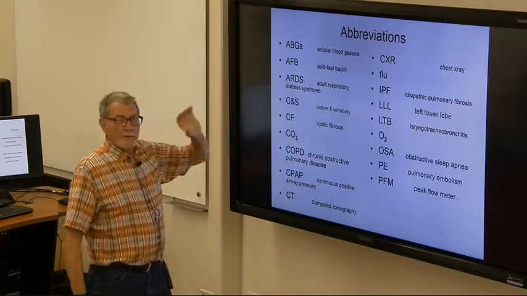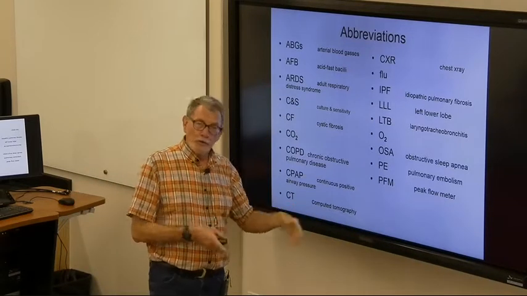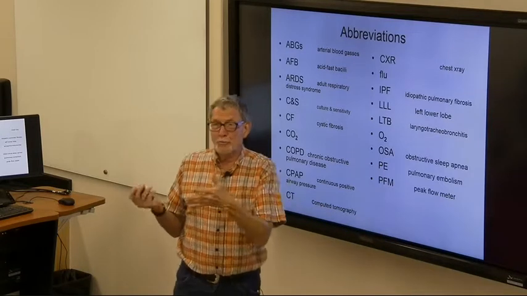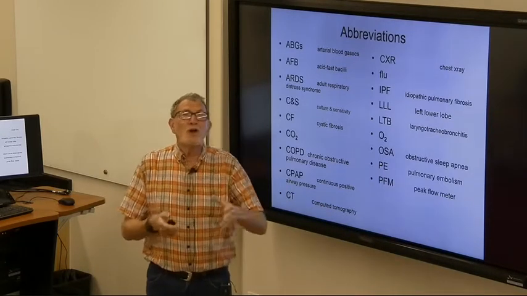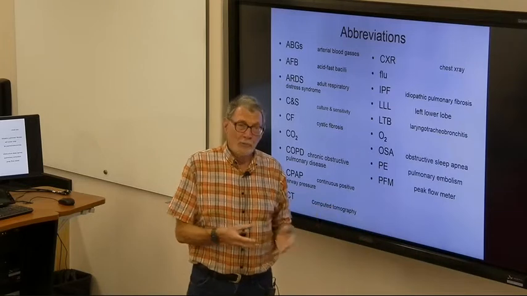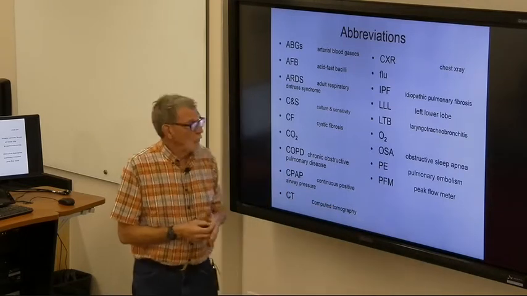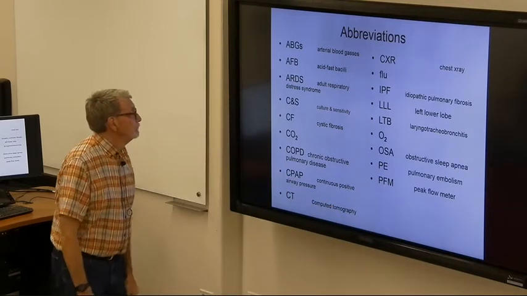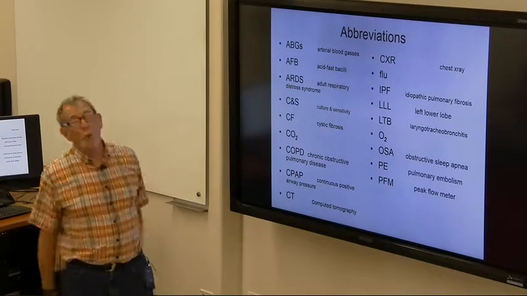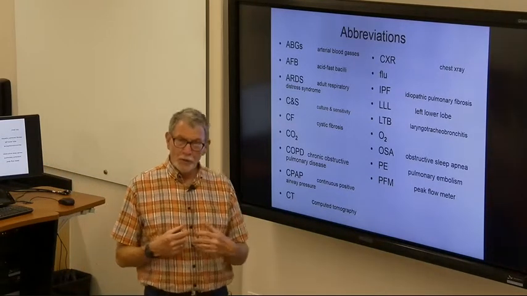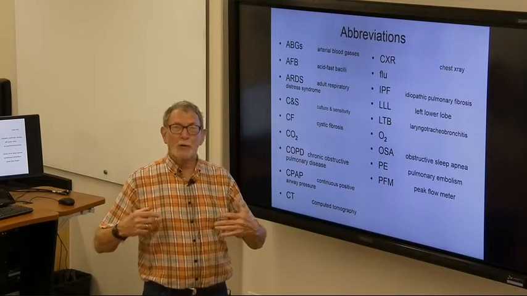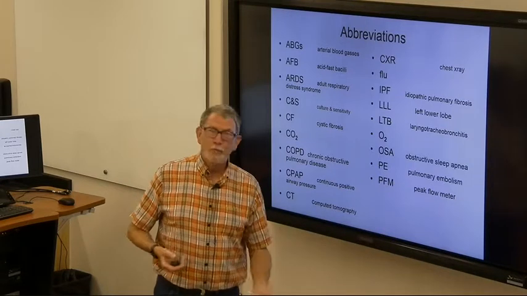You have an infant respiratory distress syndrome that is usually due to premature babies that don't make enough surfactant, pulmonary surfactant in their lungs that allows them to inflate properly. So there's a childhood version.